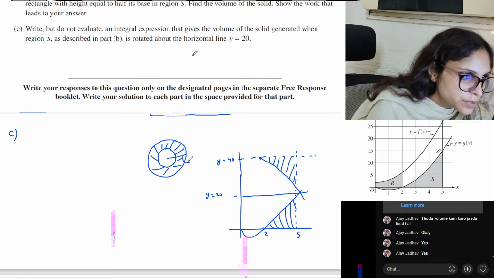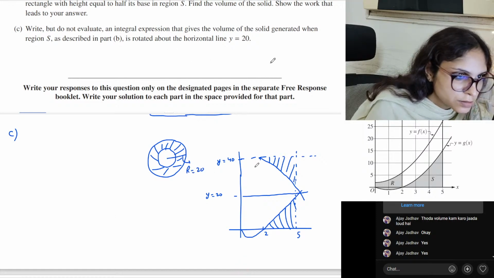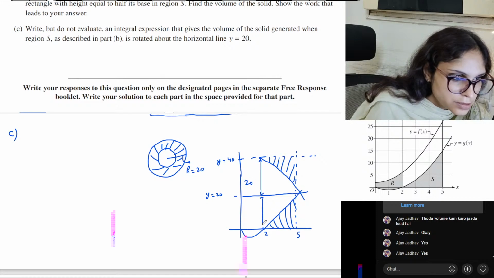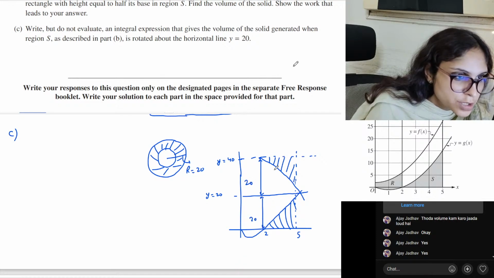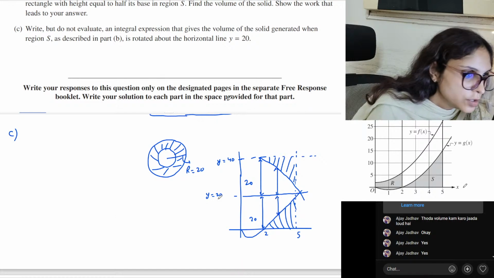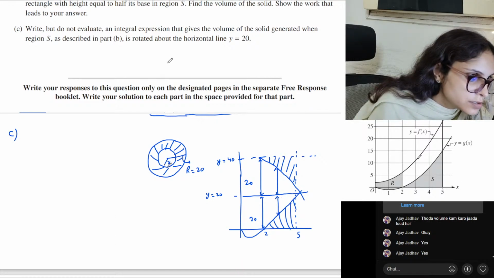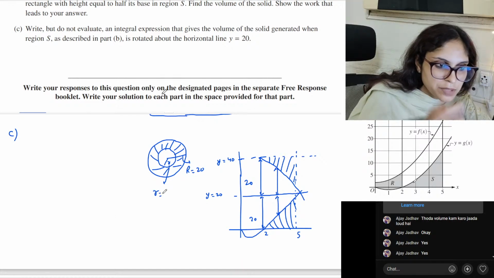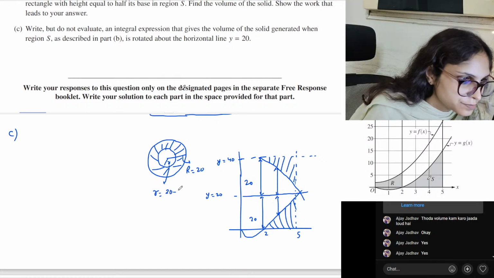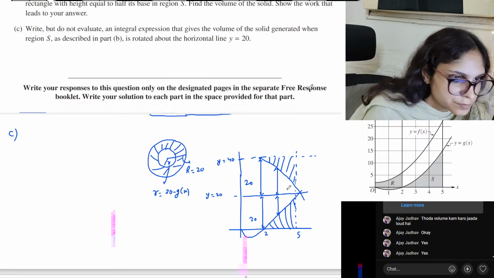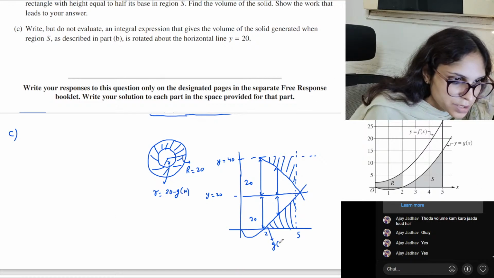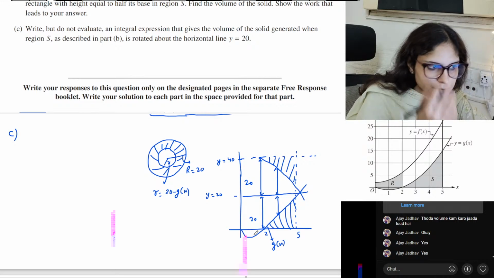So the radius of the bigger circle is 20, because this is 20 and this is 20. Now this forms the inner circle, correct? So the radius of the inner circle, that is small r, that is 20 minus g of x. Because this is graph of g of x.